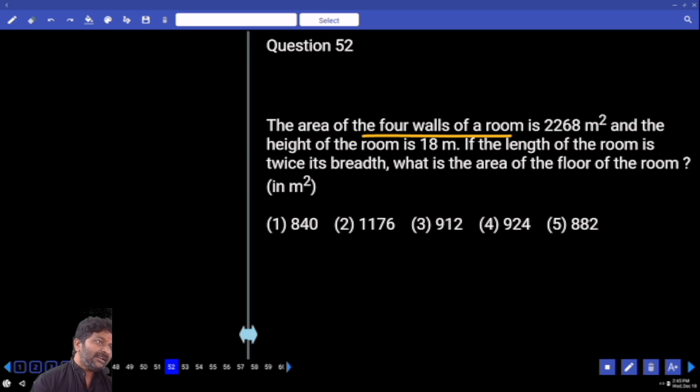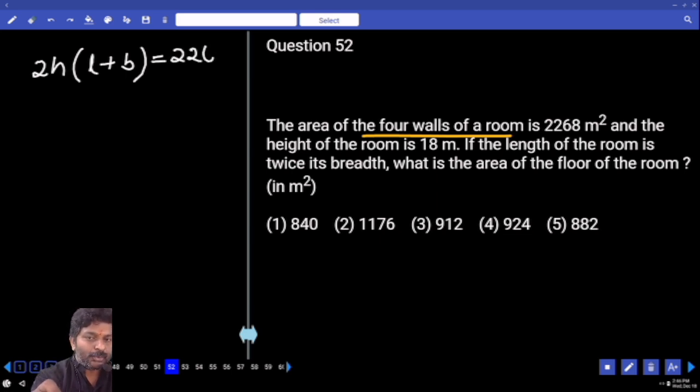Left side LH. Right side LH. Total 2 LH. So 4 walls area, you can take 2H common and it becomes L plus B, correct? Which is equal to 2268.